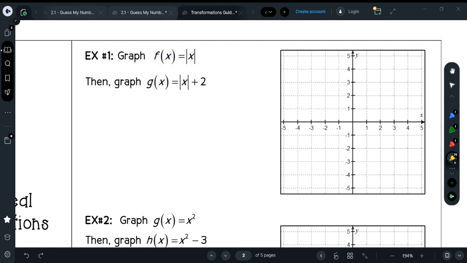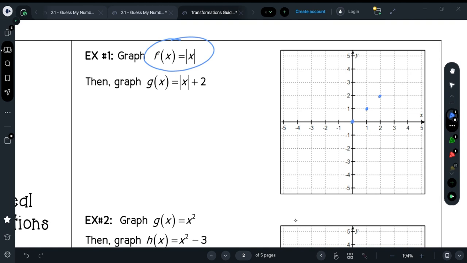But let's take a look here, and let's graph both of these functions. So our first one, f of x equals absolute value of x. So this is like our y equals absolute value of x. Now you can refer back to our last notes. You should probably have those notes out. That would be a convenient reference. You can look at the graph of the absolute value. It looks like this. It's got its starting point at 0, 0.